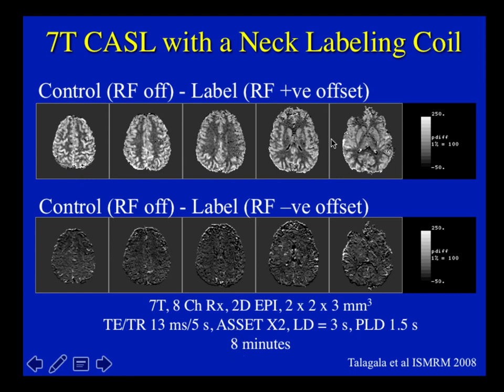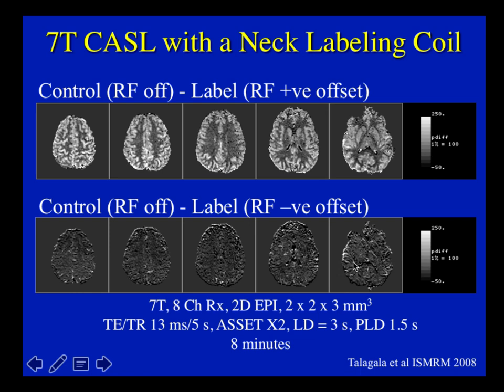In the top row of images, we acquired these images by applying the labeling RF at the correct frequency so that we define the labeling plane below the neck. The bottom set of images we acquired by purposely changing the RF frequency so that it's negative compared to the correct frequency. And here we see no signal at all.